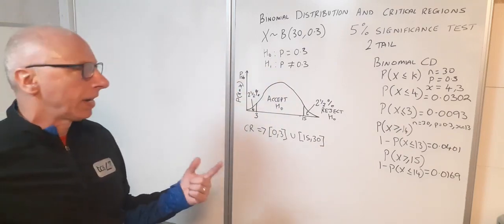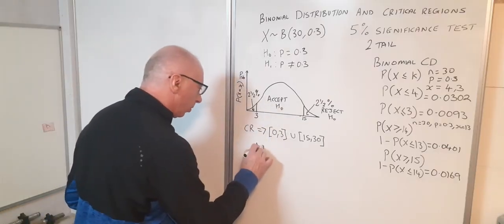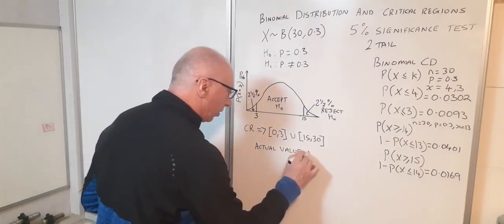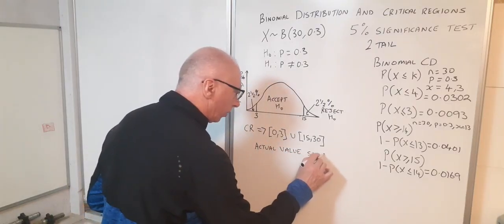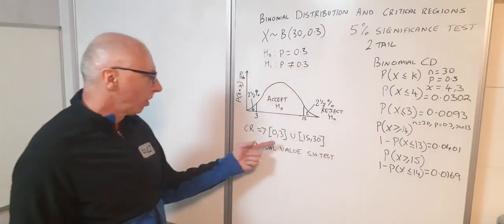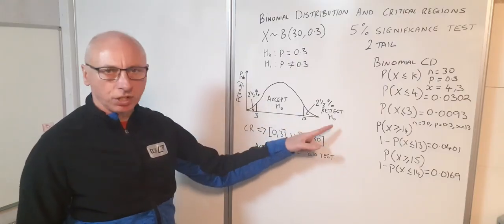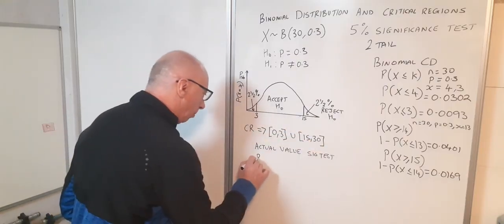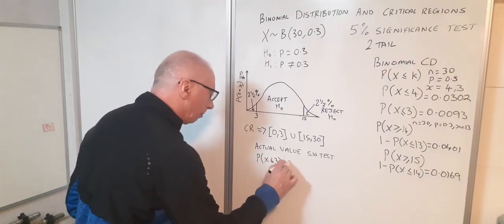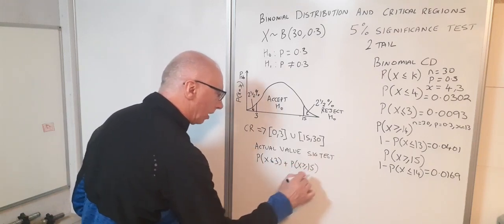Now we want to find out what is the actual significance test value. So I just write it like that for short, significance test. With that, we want the sum of the extreme values that are in our rejection region. So we want the probability of X is less than or equal to 3 plus the probability X is greater than or equal to 15.